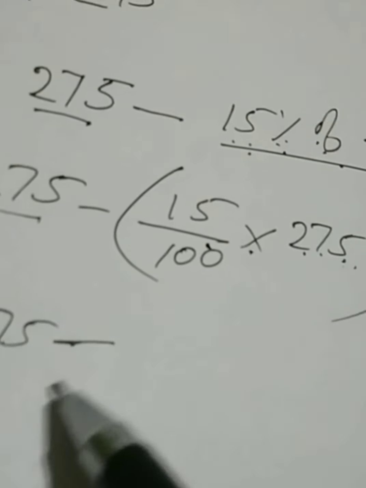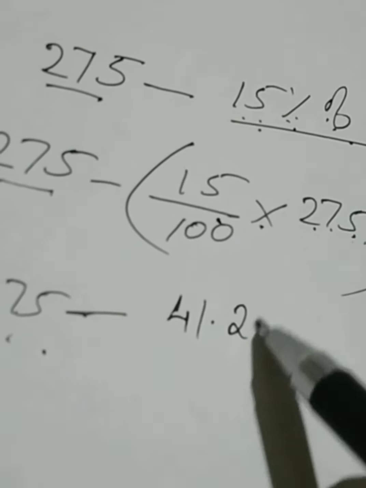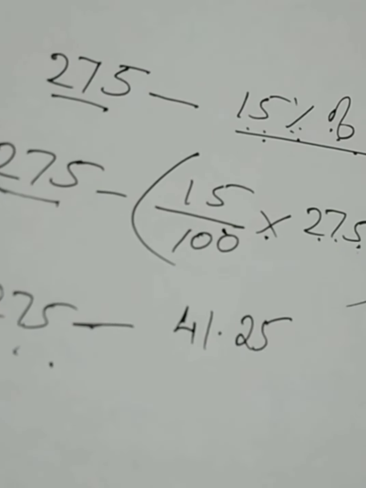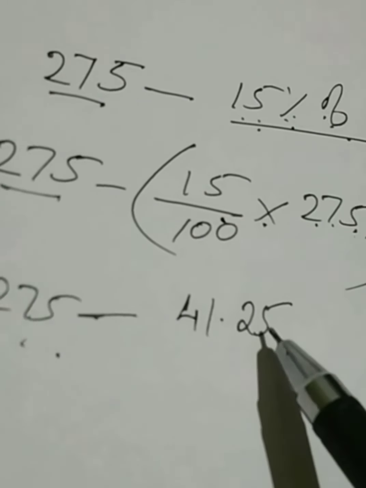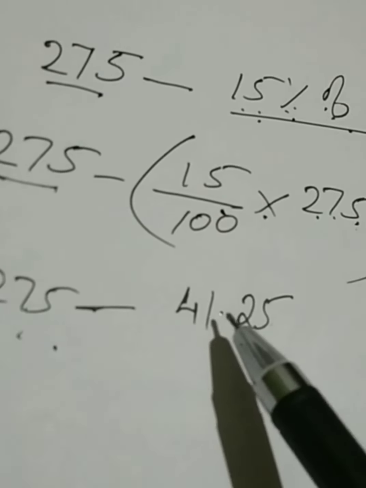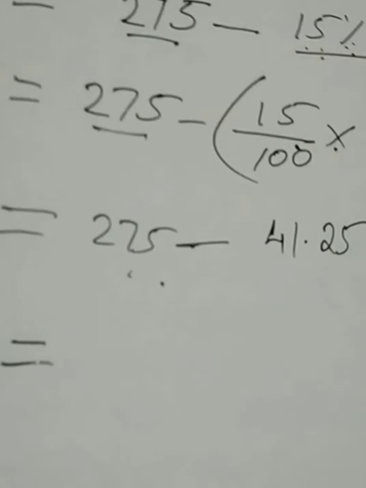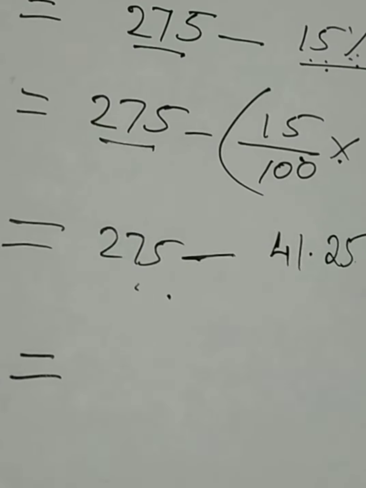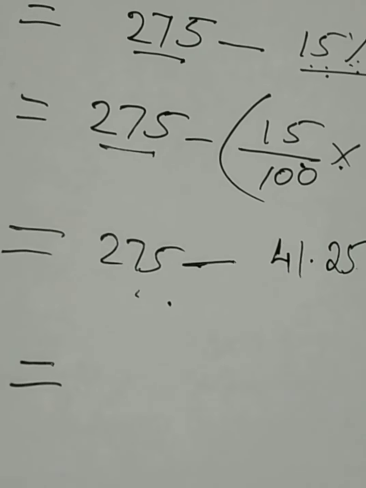The answer: 275 minus 41.25. 15 times 275 is 4125, divided by 100 is equal to 41.25. We have to subtract 275 minus 41.25.